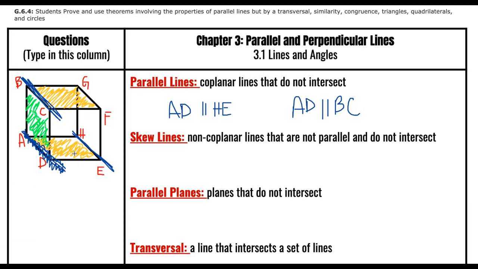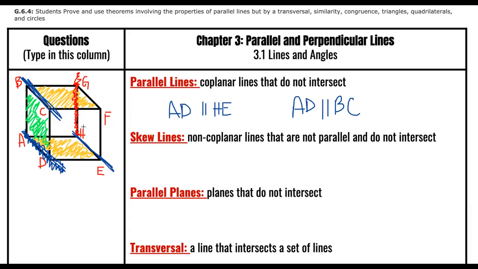Cannot be parallel, cannot intersect. So some good examples of skew would be, look at GH going down here. That's never, ever going to cross AD. It's all the way back there. It's not in the same plane. It's not parallel, and it's not going to cross. So AD and GH, never going to cross.